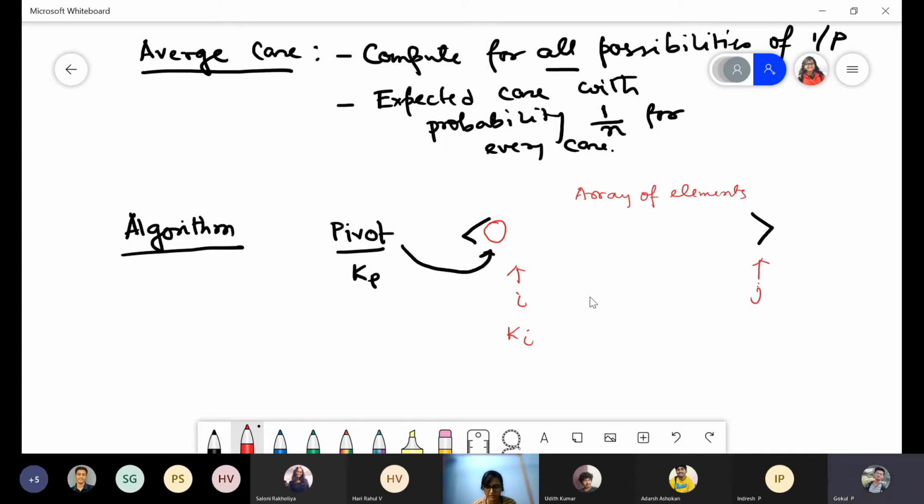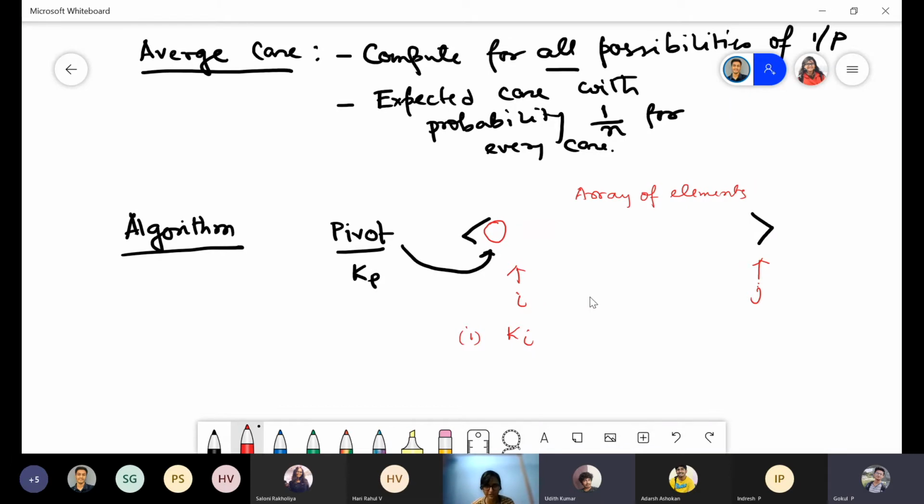We check Ki with Kp, and Kj should be greater than Kp. Ki should be greater than Kp, basically, if it's greater, we'll swap it with Kj, and then again continue computing Ki. But if it's less, we just increment Ki.